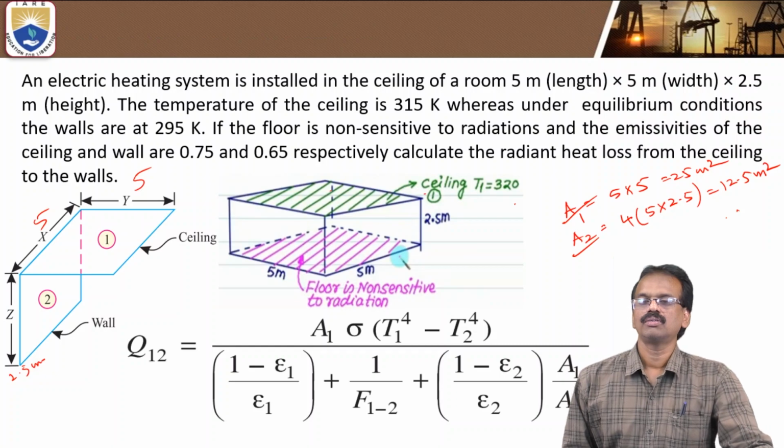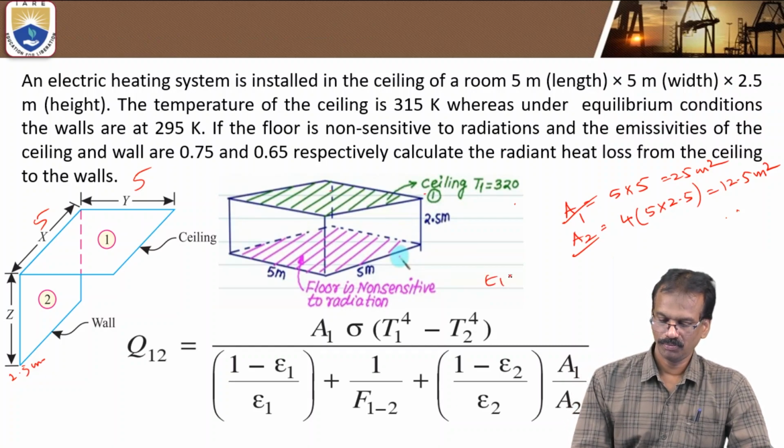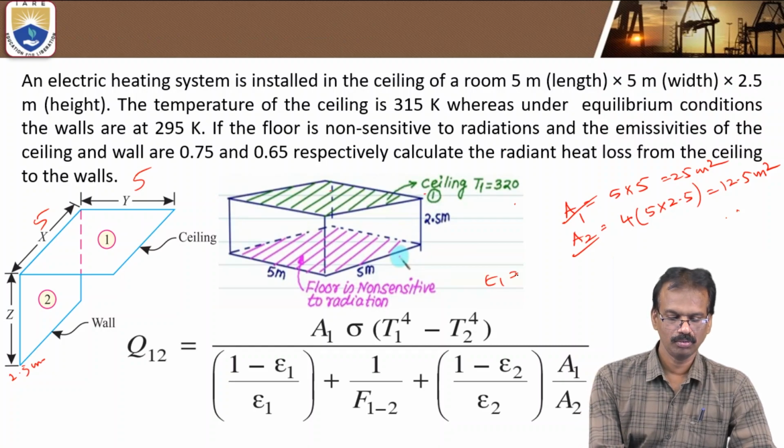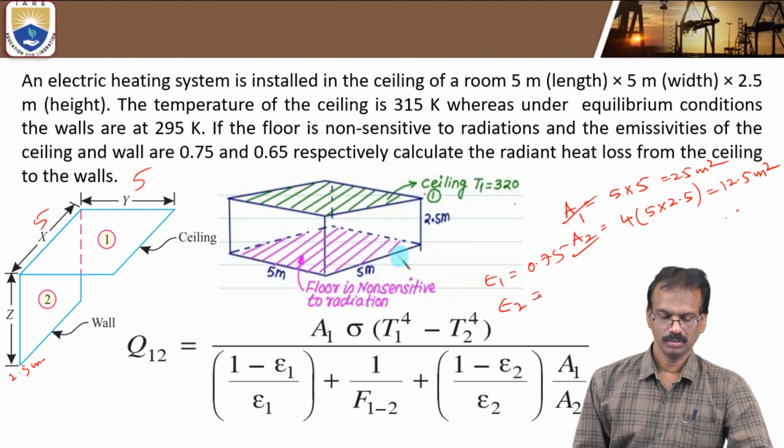So then you know all the required values. Epsilon 1, the ceiling emissivity, is equal to 0.75. Epsilon 2, the emissivity of the surface, is 0.65. So these are the values.